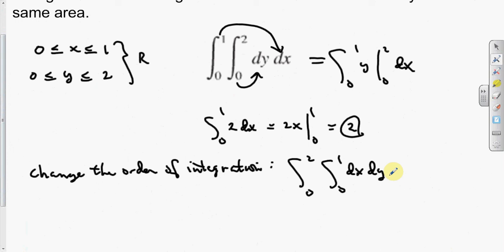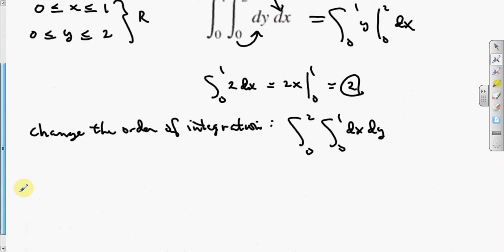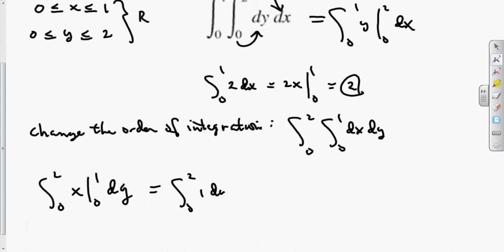Well, we would love that if that was always the case, but it's not. So we integrate 0 to 2, then this becomes x evaluated from 0 to 1 dy. This is just the integral from 0 to 2 of 1 dy. This becomes x evaluated from 0 to 2. Here we just get 2.